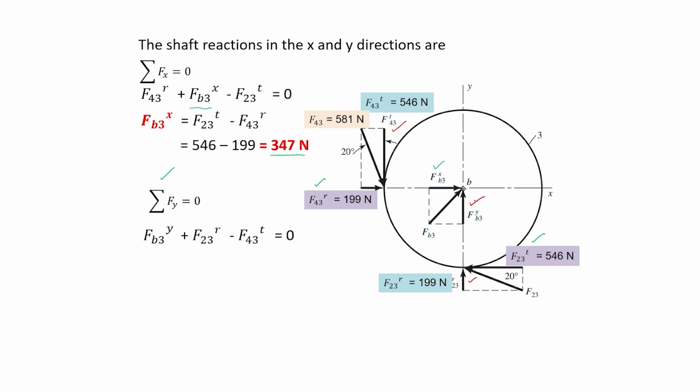The direction of this and this is the same, and this is acting in the opposite direction, which is shown here, and from that we get the shaft reaction at B in the direction of y, which is 347 Newton. And thus we got on the idler the forces acting at pitch point P1, the forces acting at pitch point P2, and the shaft reaction at B.